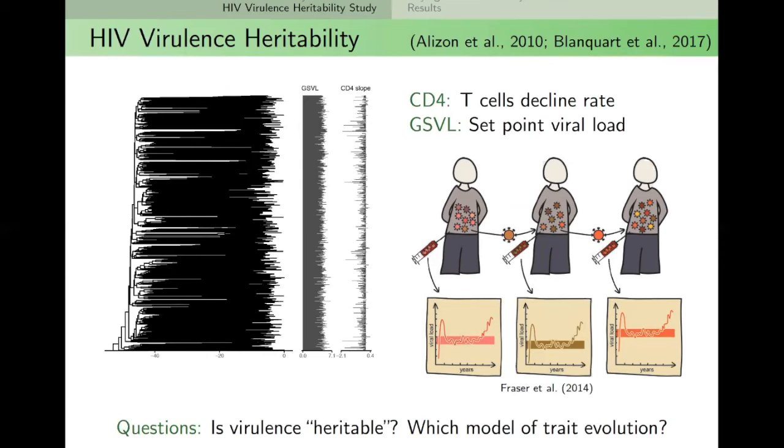Okay. So what I want to do is to estimate the heritability of the virulence of the HIV. So basically, why am I studying the virulence? Because intuitively, you can imagine that the virulence would follow an Ornstein-Uhlenbeck process, because if you are too virulent, then you're going to kill your host very fast, and so you won't have time to propagate.